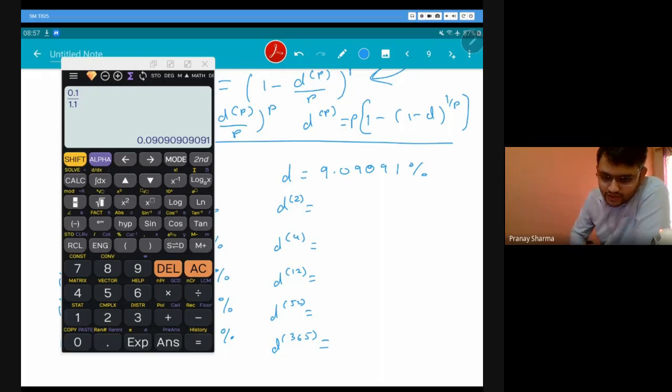Now we'll be storing the values in this A, B, C, D, E, or F. These are the different places we can store our value.